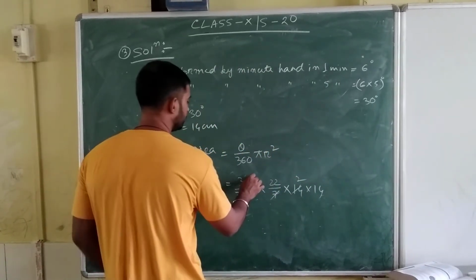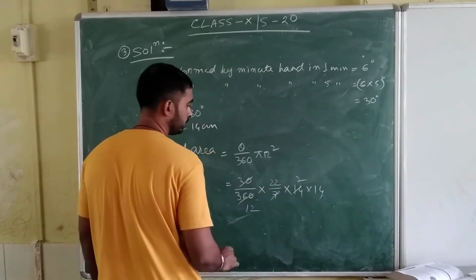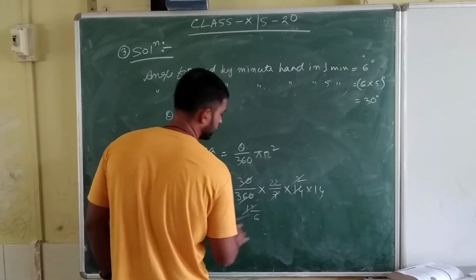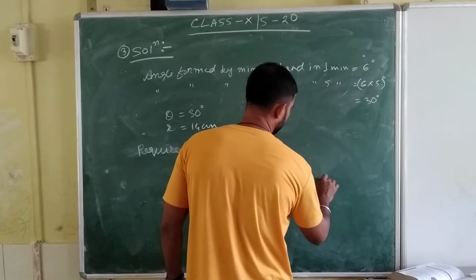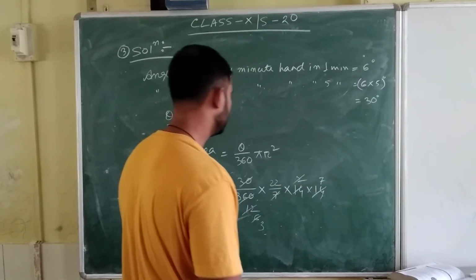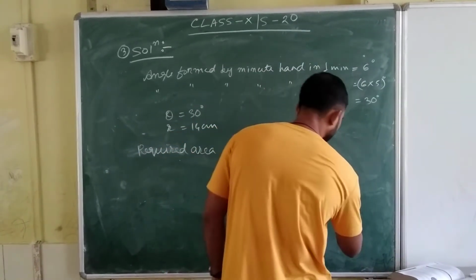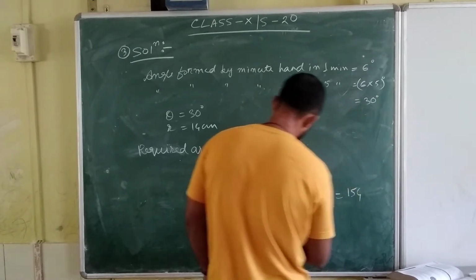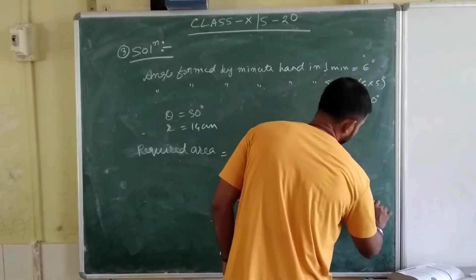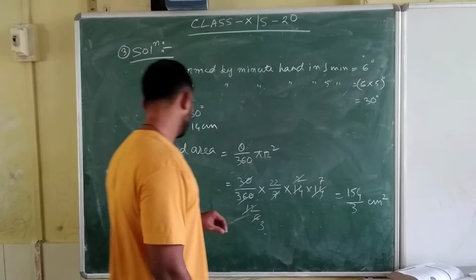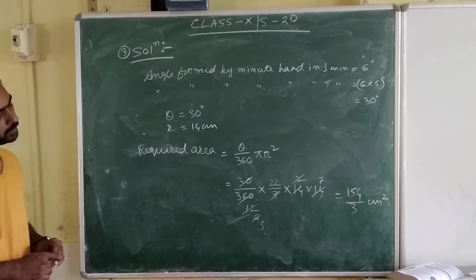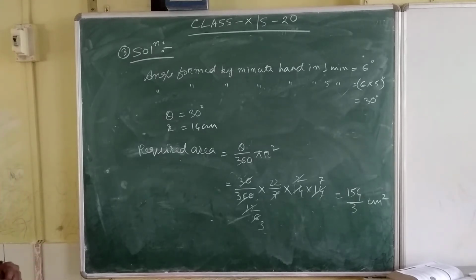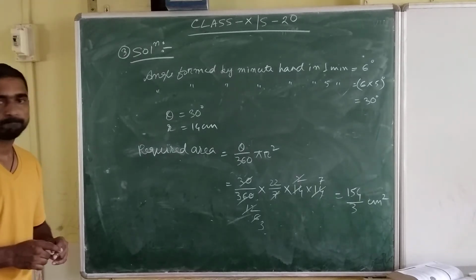Cancelling, we get 154 by 3 square centimeter. So this is the area swept by the minute hand in 5 minutes, 154 by 3 square centimeter.